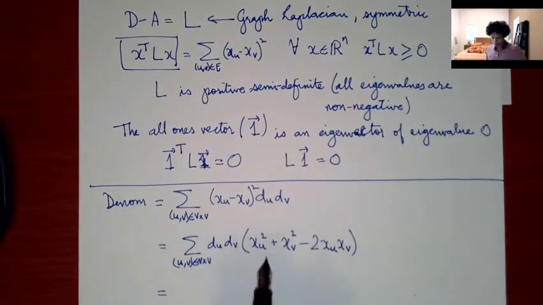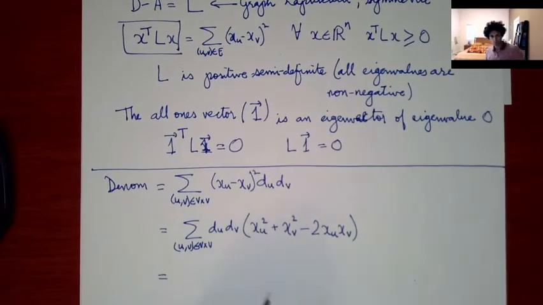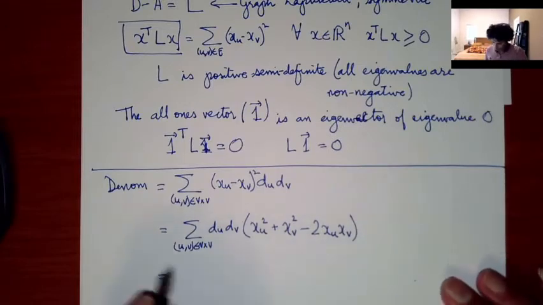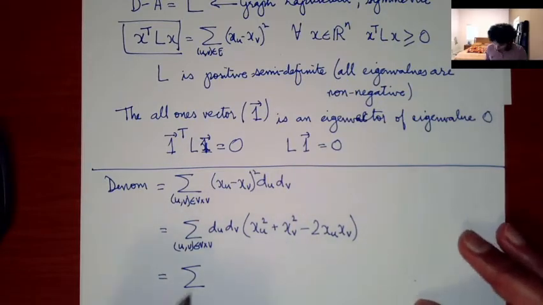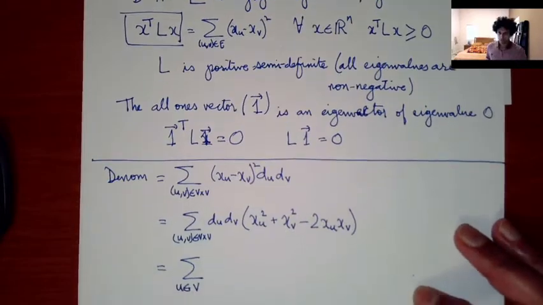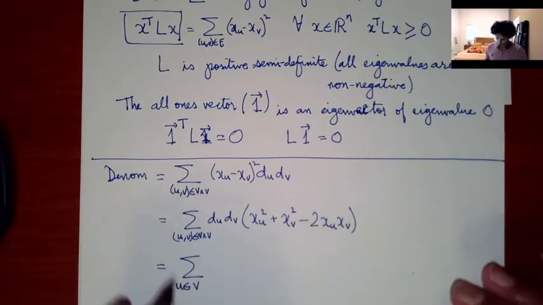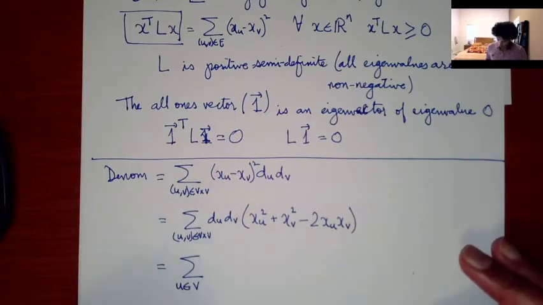So let me make sure I'm doing this correctly. Let me fix a u, and then I will sum over all the v's.